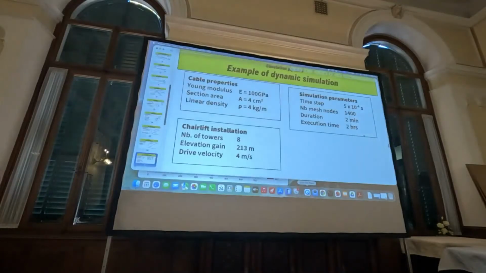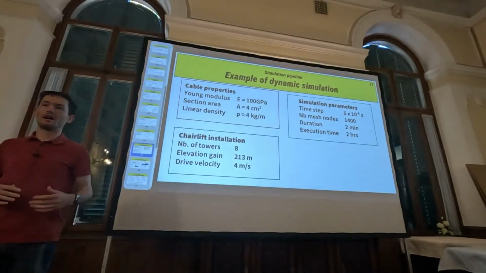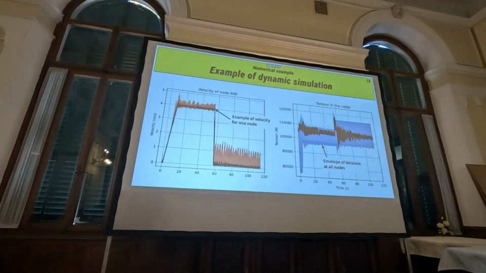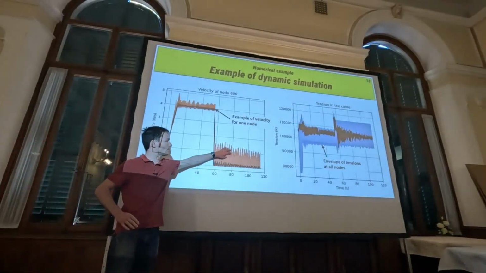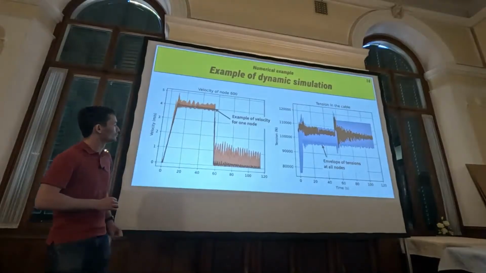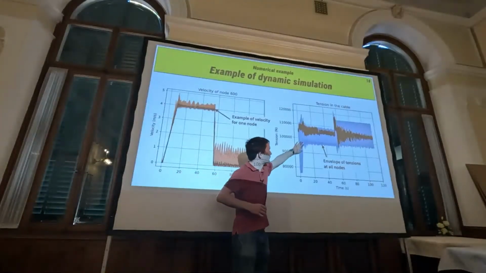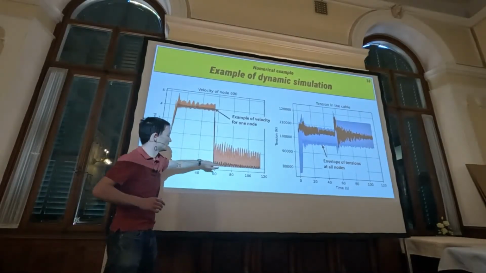And for the simulation, it's difficult to say this after the previous presentation, but we take approximately 1 hour of calculation for 1 minute of simulation. And so we can gather some information such as, here in orange, the envelope of velocity of all nodes to see if some of them go too fast, and same thing for the tension along the cable here, and the black trace is for one node.